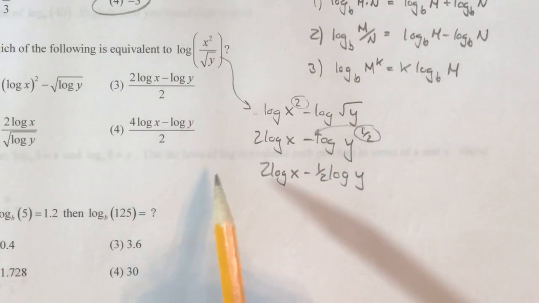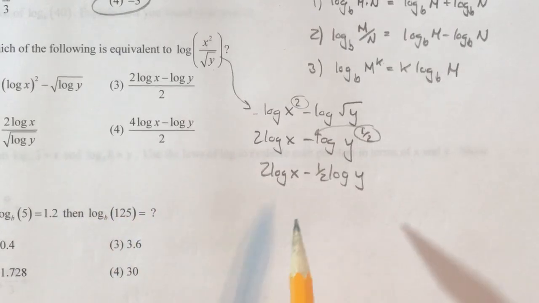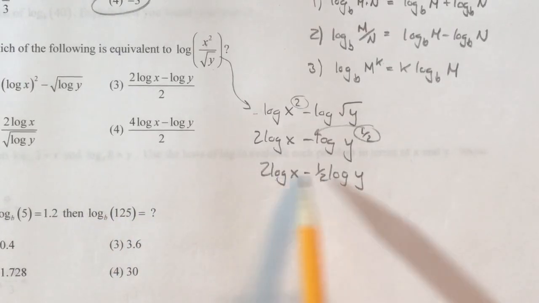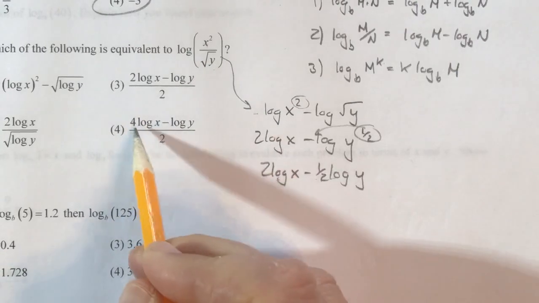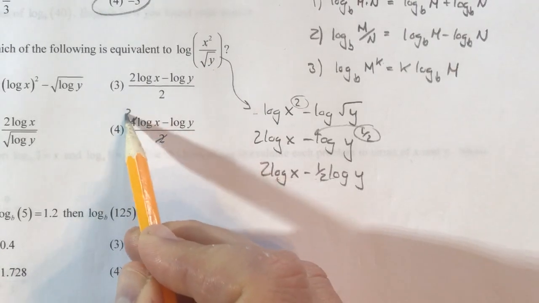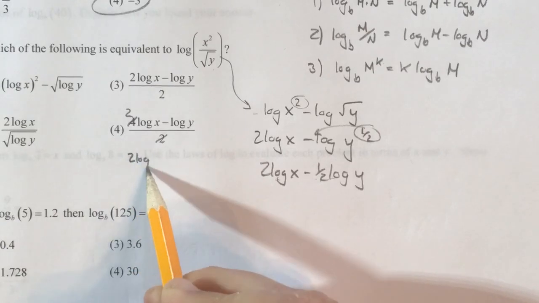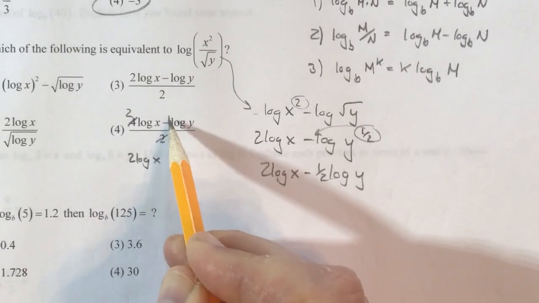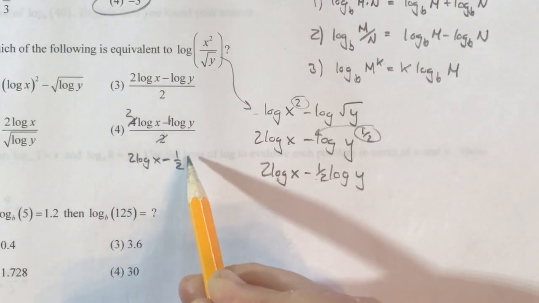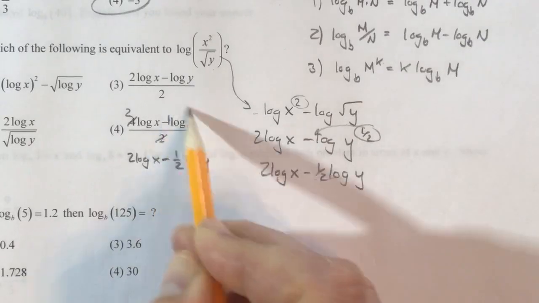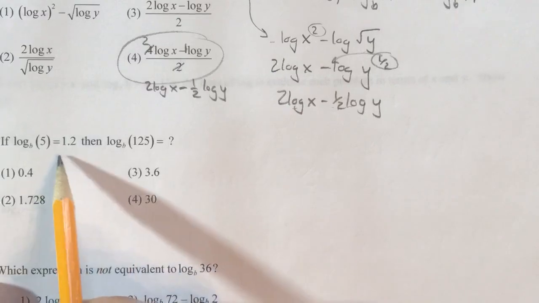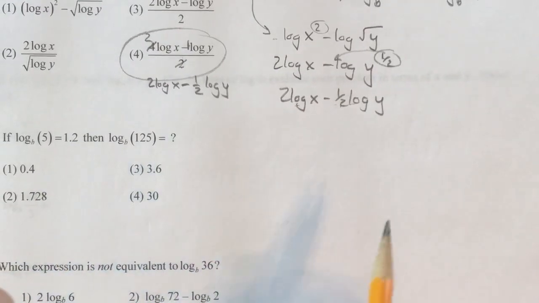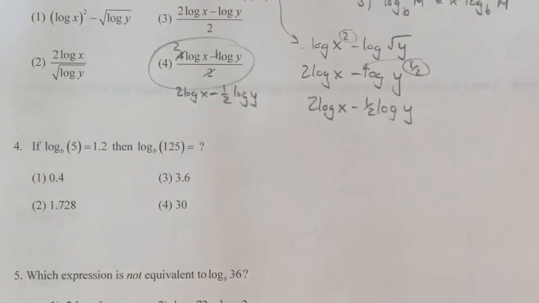Now that is one of the answers over here, but it can get disguised. If you've got a common denominator, this is the same thing. See, 4 over 2, 4 over 2. 2 goes into 4, 2 times. And there's a 1 here, minus 1/2 log y. So this is the right answer, but it's kind of in disguise. All right, we're just going to keep using those laws of logs for most of the lesson here.